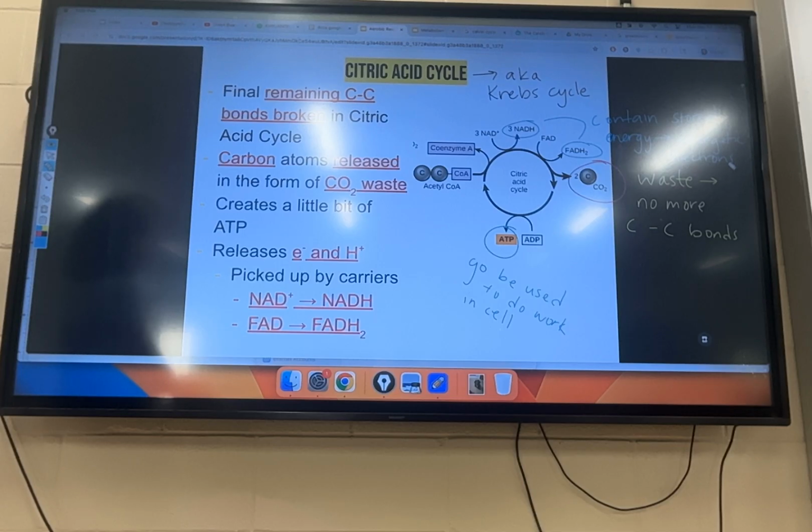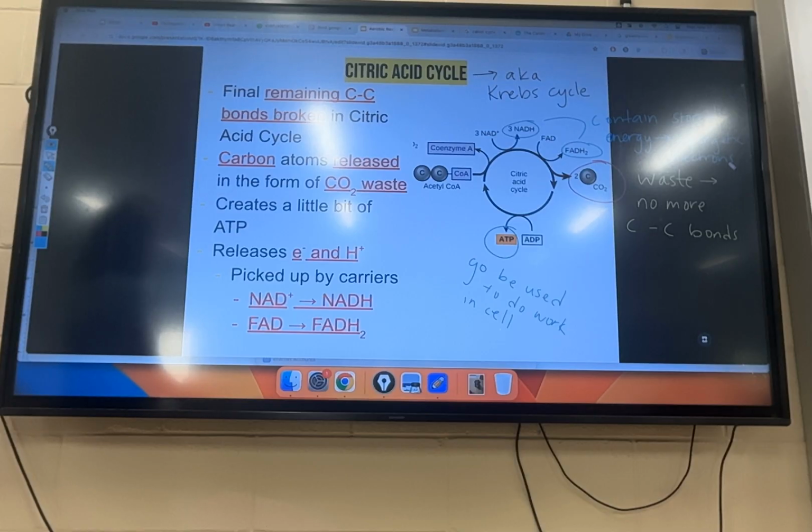So all of the other things in your cell, basically. And we did use a little bit of ATP at the beginning of this process to start glycolysis. But when you're looking at moving things around the cell or active transport or any of the other cellular processes, moving the cell around, all of those things require energy. So anything that a protein is doing in your cell to make everything run, that's where the ATP is going.